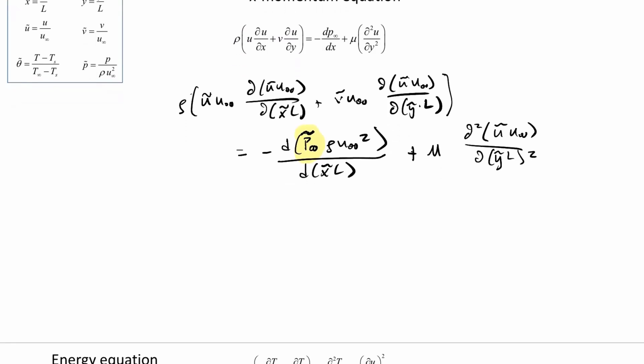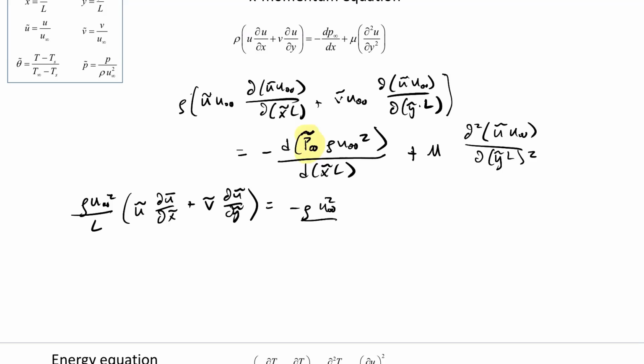On the left-hand side, we have rho times u infinity squared over L. We can pull that out, and then in here we're left with u tilde du tilde dx tilde, plus v tilde du tilde dy tilde. On the right-hand side, we have minus rho u infinity squared over L times dp infinity tilde divided by dx tilde.